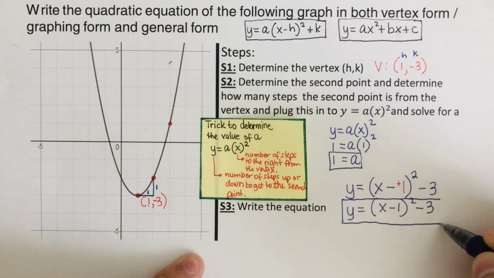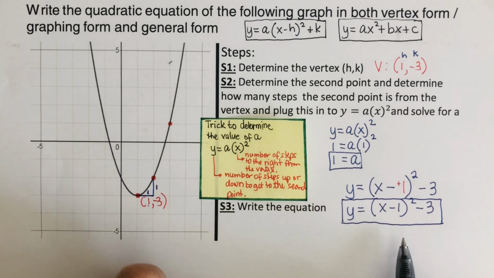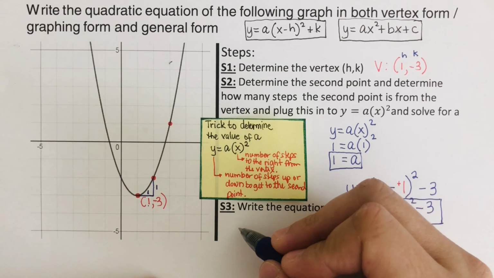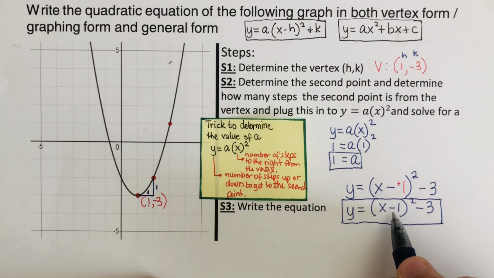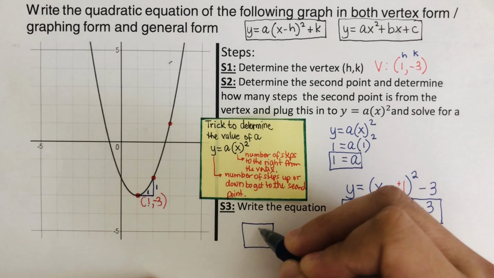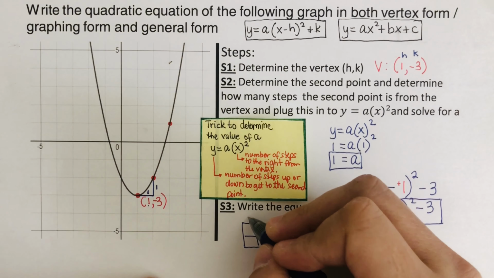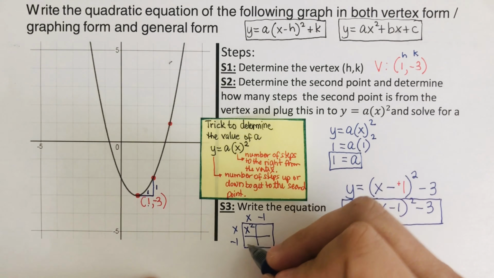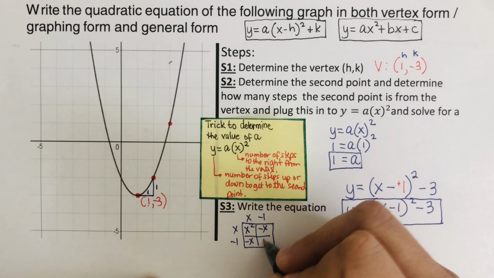In the question, we're supposed to write this in general form as well. To find the general form, we can use the area model to find the product. So I can write that area model right here: x minus 1, x minus 1. That gives x squared, negative x, negative x, positive 1.